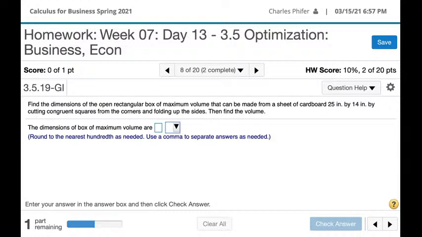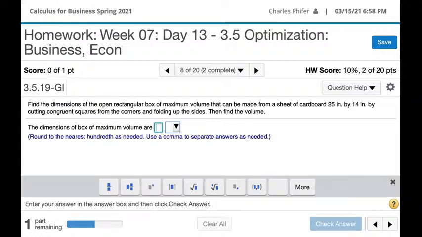Let me copy this because we have to do a little bit of number crunching. Let's paste. And we want the dimensions.